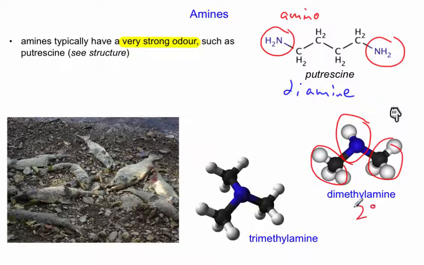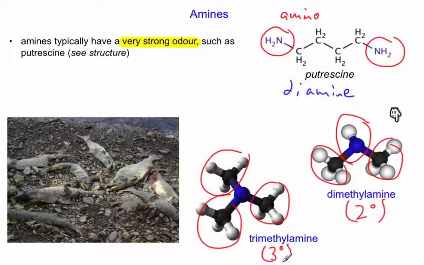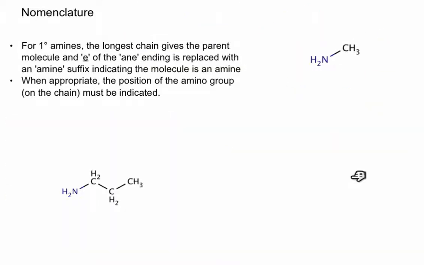So this is a secondary amine. Trimethylamine, there's the ammonia, 1, 2, 3 methyl ligands. That's a tertiary amine. Anyway, all that aside, dimethylamine and trimethylamine do not have very nice smells, and they originate from the breakdown of tissue in salmon, amongst other things.